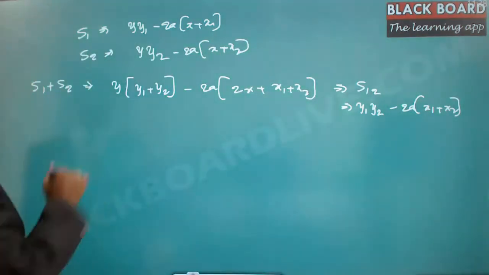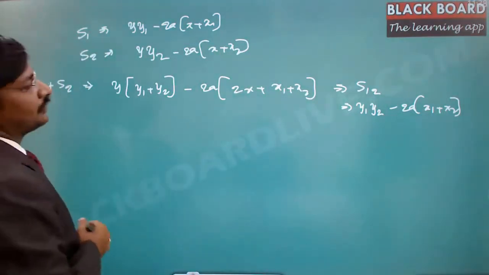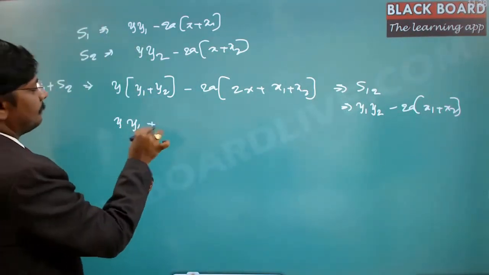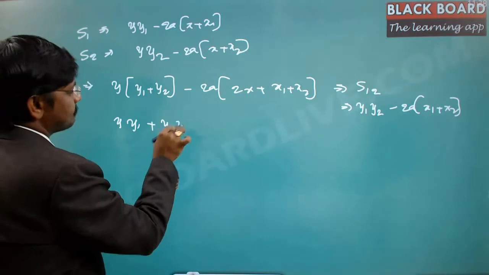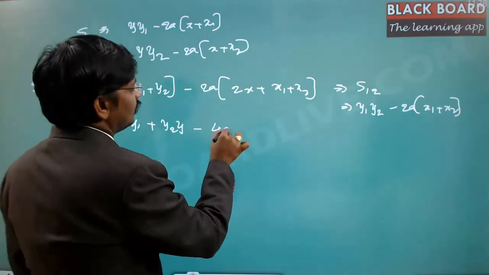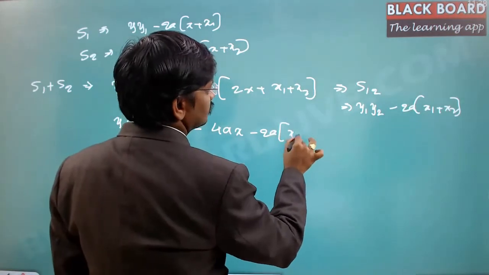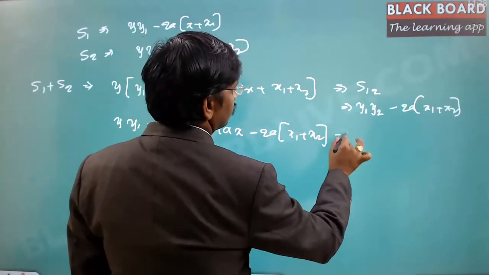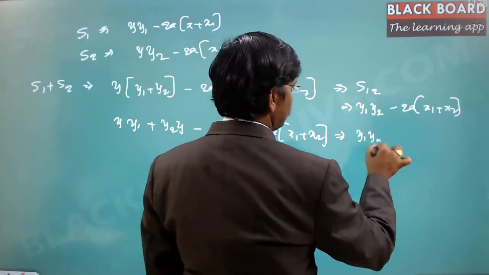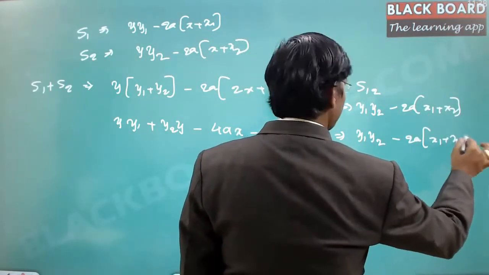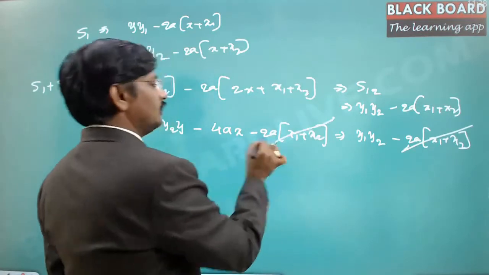So this is the equation. Now this equation if you simplify it, this is y into y1 plus y2 minus 4ax minus 2a into x1 plus x2 is equal to y1 y2 minus 2a into x1 plus x2. Now this value and this value will cancel out.